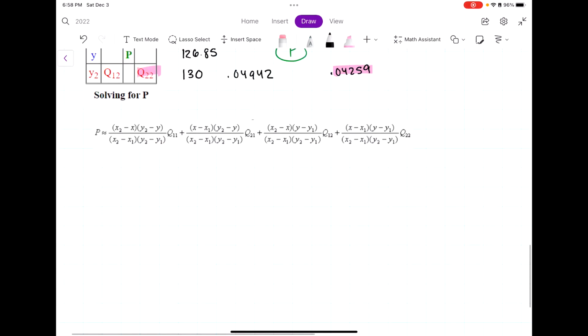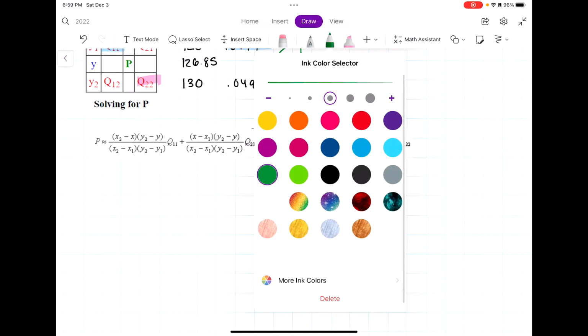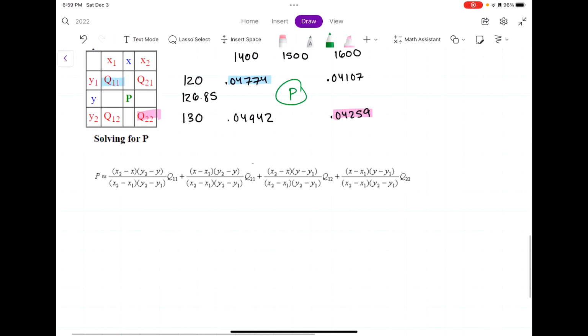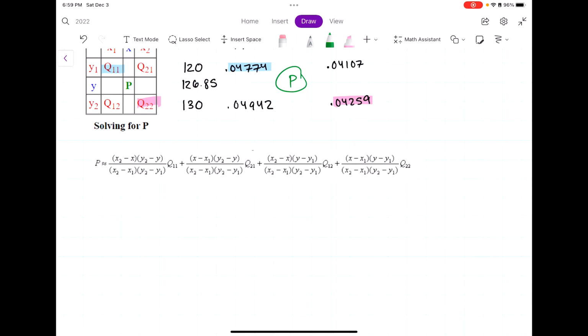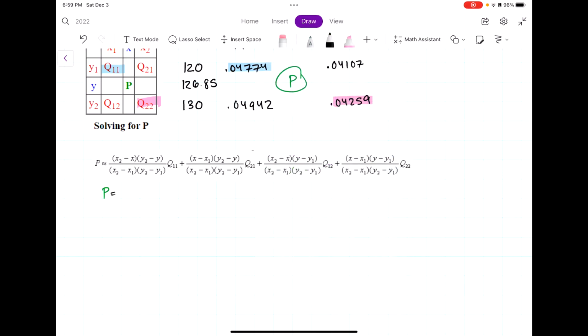Alrighty. If you do all of your interpolations correctly, you get that our green P, the specific volume at 1500 kilopascals and 126.85 degrees Celsius, is 0.045501 meters cubed per kilogram.